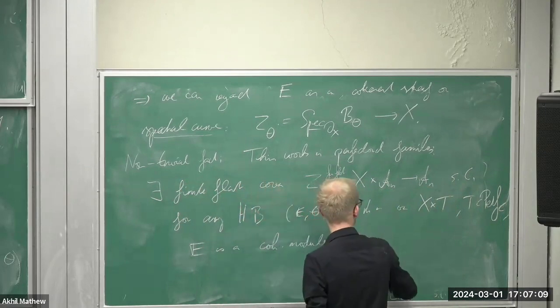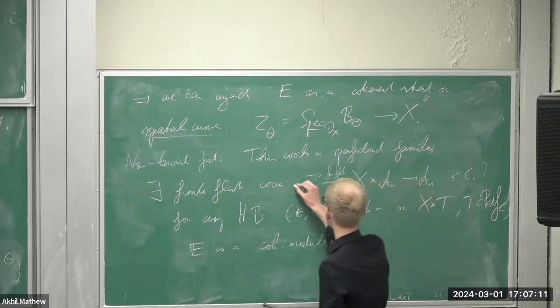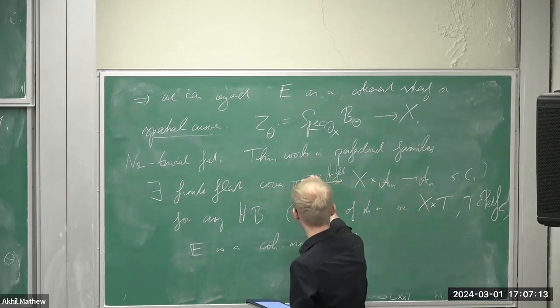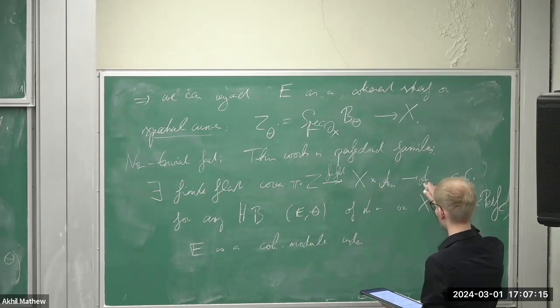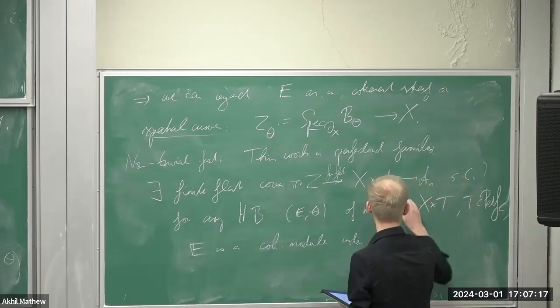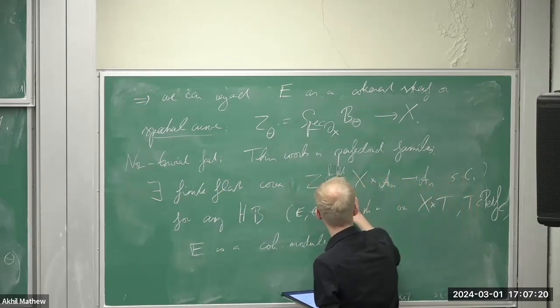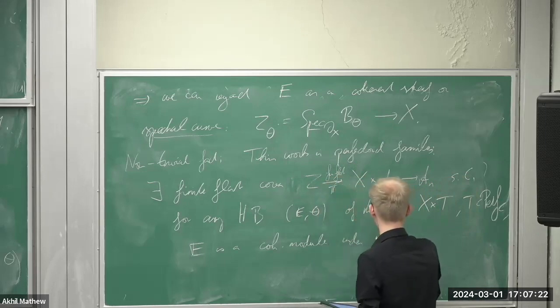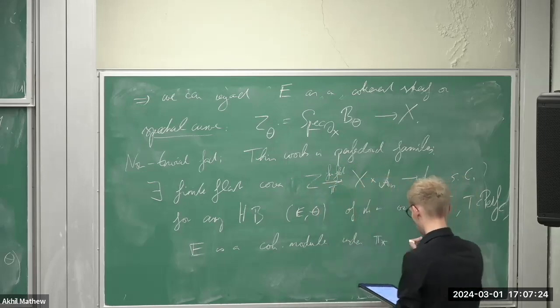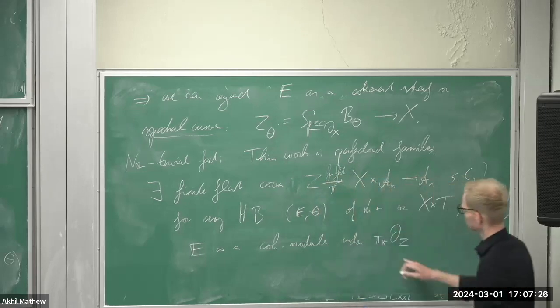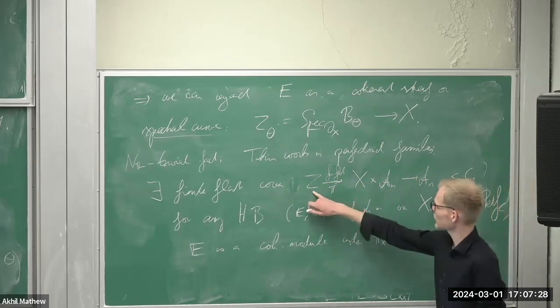What we take now is the composition here, pi, the pushforward of the structure sheaf to here.